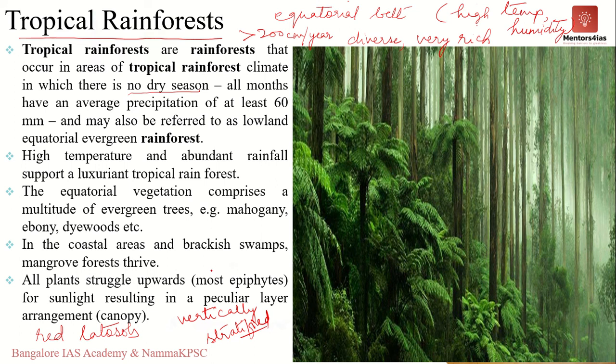But when left undisturbed, there is rapid cycling of nutrients within the litter layer, that is the shedding of leaves and all the organic matter which collects, and due to decomposition of this, the nutrient quality of the soil actually improves. But if the forest is cleared, then very quickly the soil will lose its fertility. But if you do have the forest, due to all the organic matter, the soil becomes fertile.